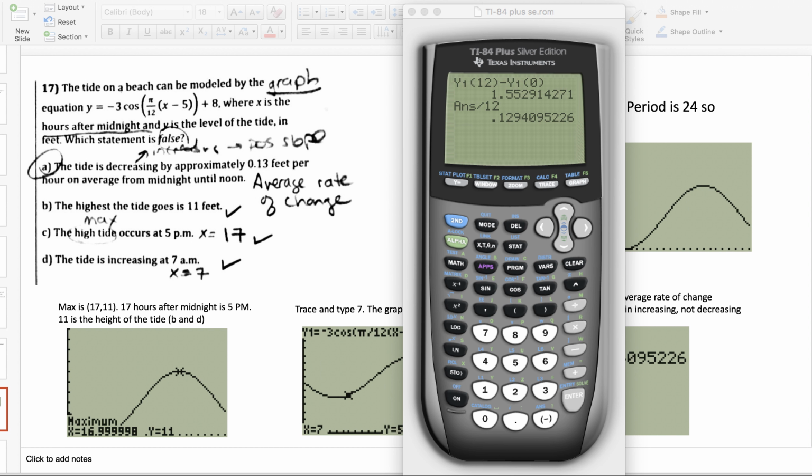And I get approximately 0.13. Now, since the average rate of change is positive, that tells me the tide is actually increasing at approximately that rate, which is why answer choice A is false, which is why A is the correct answer.